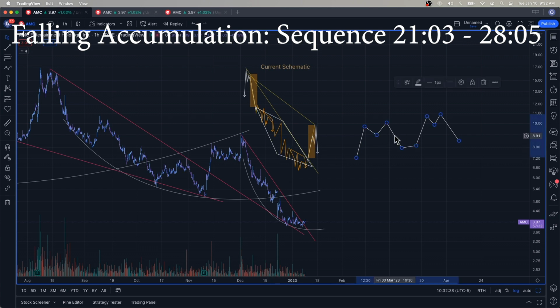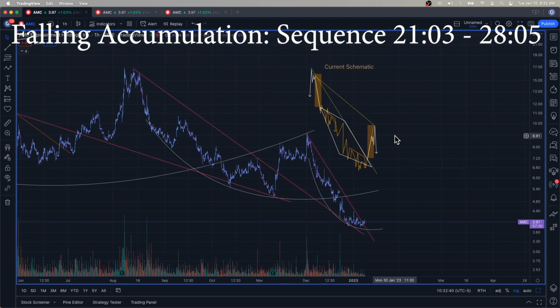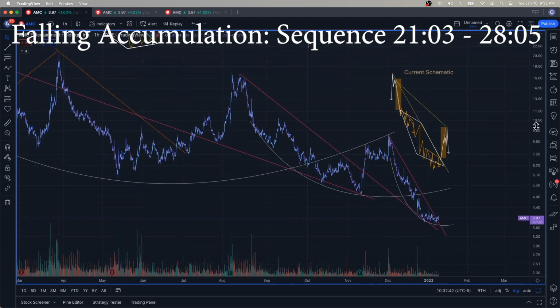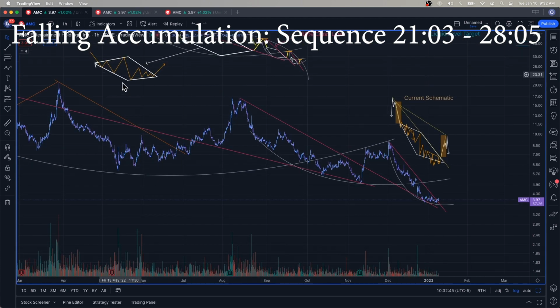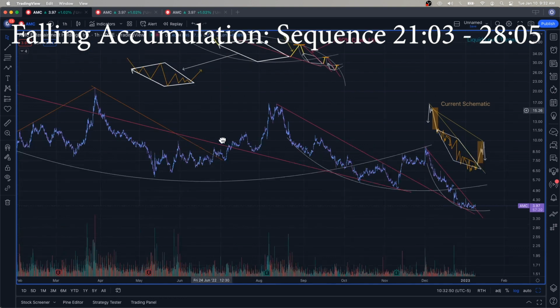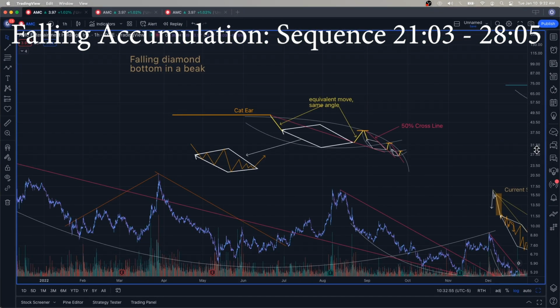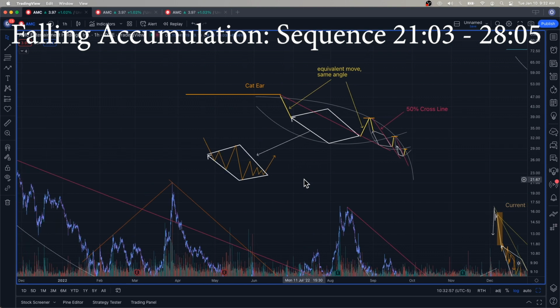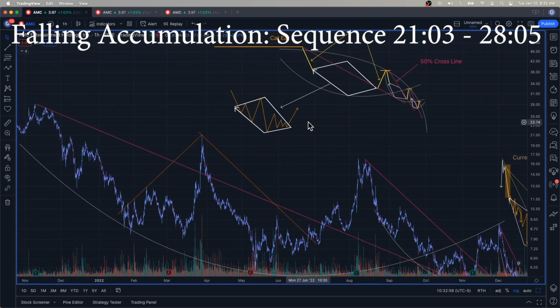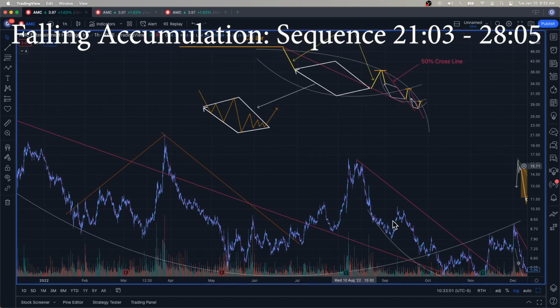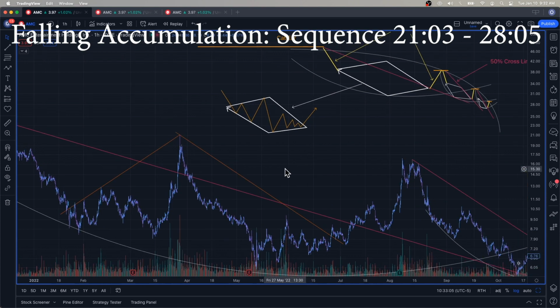Well, I'm going to make the argument that it's actually the same schematic, and that the nature of it is essentially just a diamond. Because the more you start studying these things, and observing how they're using these to manipulate the stock and quickly accumulate, and in this case, do an accumulation schematic on the downside, right?